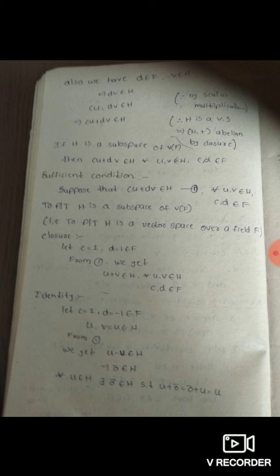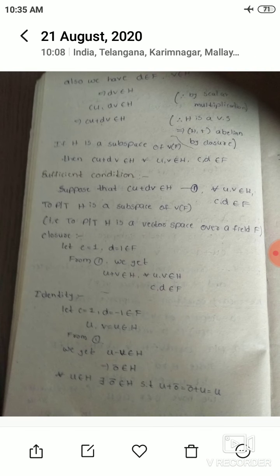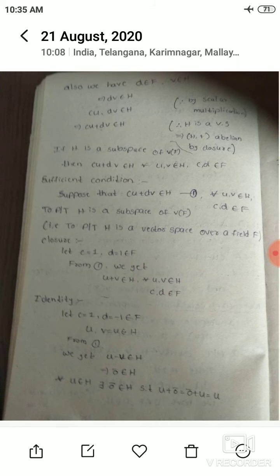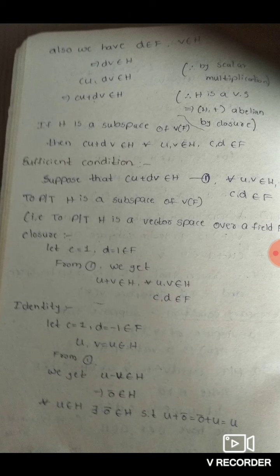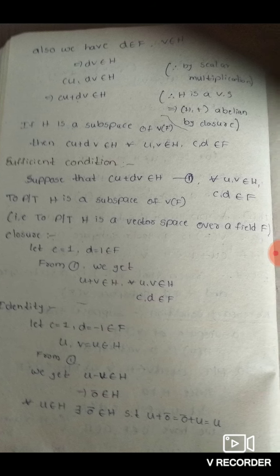We take two scalars, c value 1 and d value 1 belongs to F. From equation 1 we get, with c value 1 and d value 1, u plus v belongs to H for all u, v belongs to H. The first condition, that is the closure property, is over.